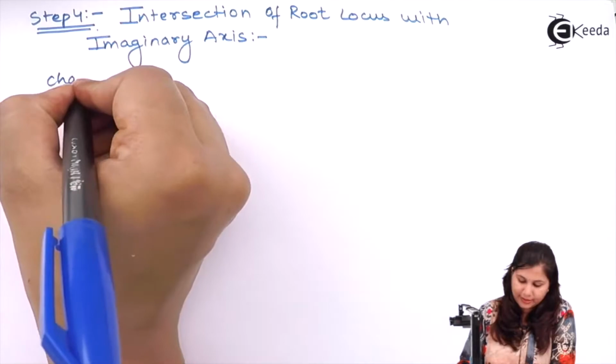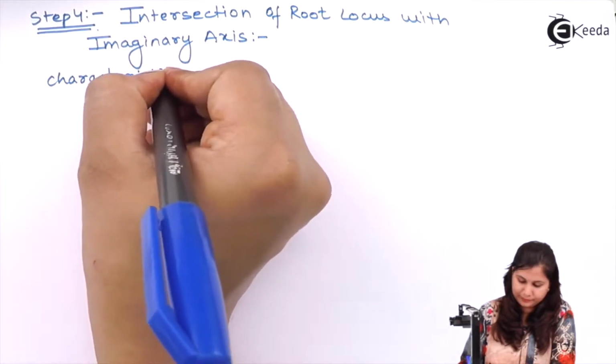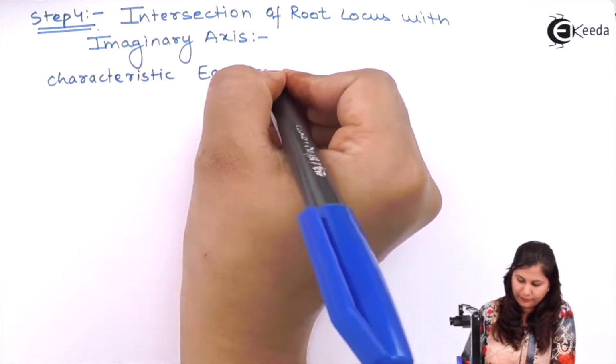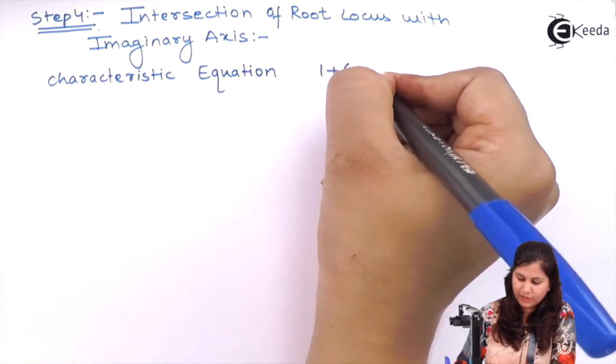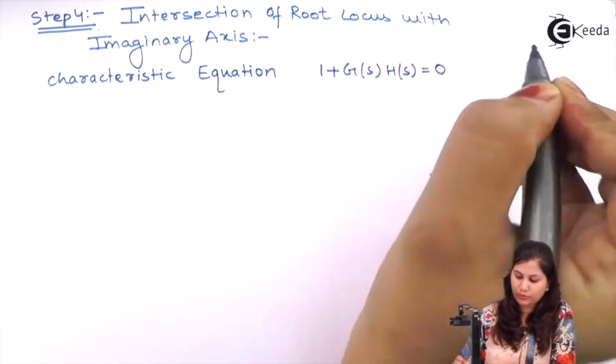The characteristic equation is given by 1 plus G(s)H(s) equals 0.